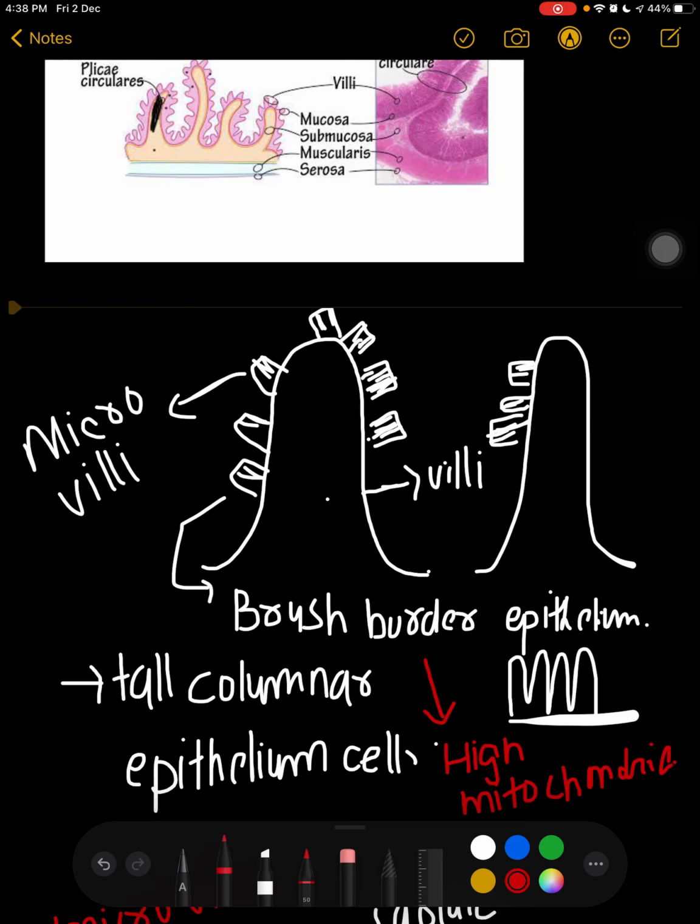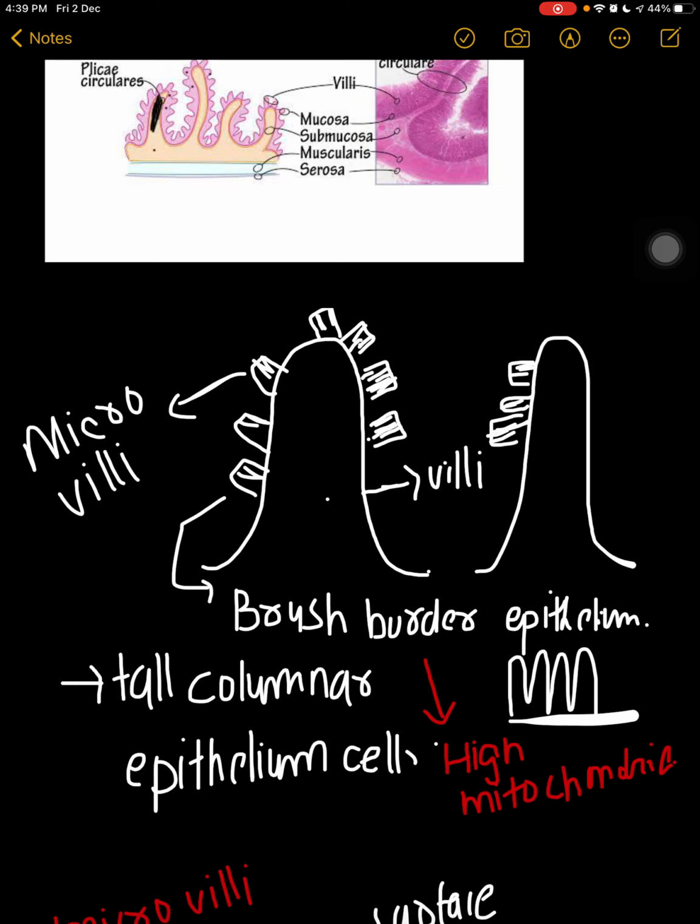Because in the small intestine the process of absorption is done, and for absorption obviously energy is required. A high number of mitochondria means a high amount of respiration, which means a high amount of energy will be released. So in absorption, obviously energy will be required here. So these are known as brush border epithelium cells, and they contain a high number of mitochondria.